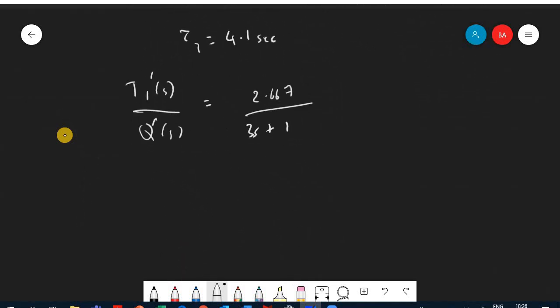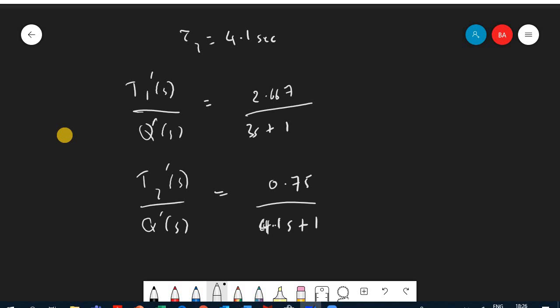And for the second part, T2 prime of s over Q prime of s is equal to 0.75 divided by 4.1s plus 1.